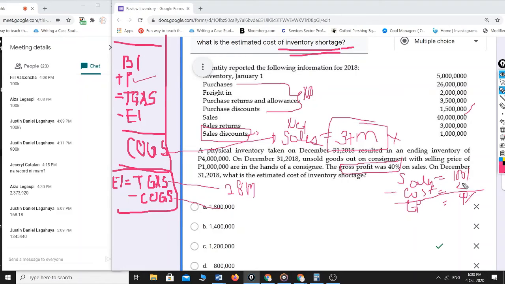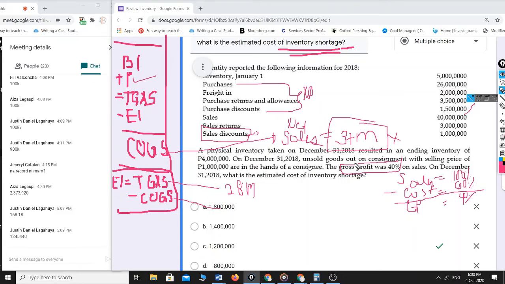So the percentage of the cost is 60%. So, 60% of sales is the amount of the cost. That's how you compute the cost of goods sold.